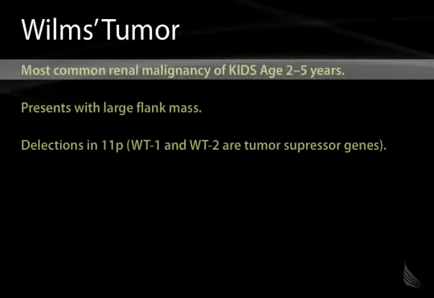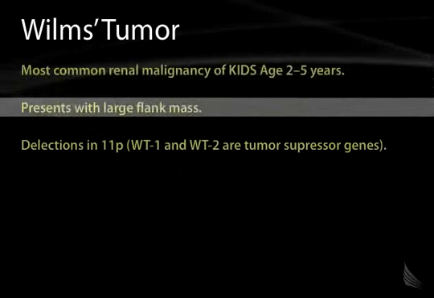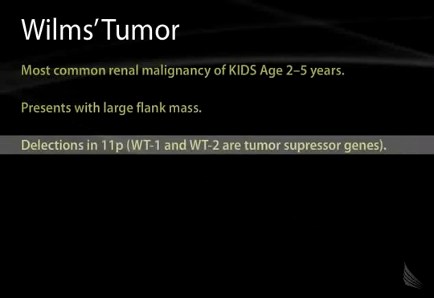Now, the most common renal tumor in children is what we call Wilms tumor. This tumor typically presents as a large flank or large abdominal mass in a child ages 2 to 5 years old, basically in toddlers. This is caused by deletions in two particular genes, the WT1 gene and the WT2 gene, which are tumor suppressors found on the short arm of chromosome 11.